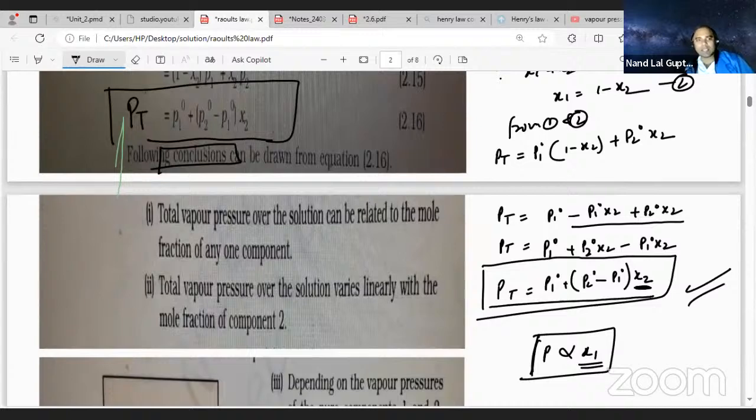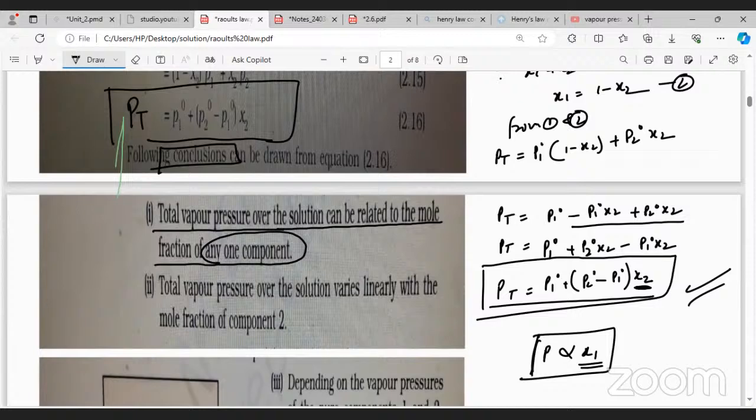So the total vapor pressure over the solution can be related to the mole fraction of any one component. Here we have considered x1 is equal to 1 minus x2; similarly, x2 is equal to 1 minus x1. You can choose and use any one, either solute or solvent.